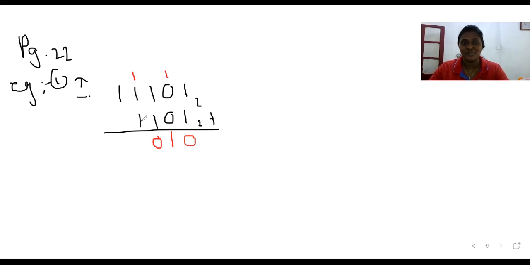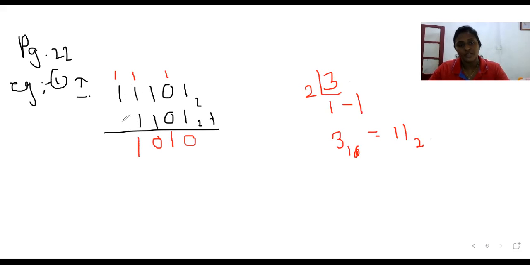Then 1 1 2, that 2 and this 1 makes 3. So we can't put 3. 3 in binary, within 3 there is one multiple of 2. 2 times 1 is 2, remain 1. Decimal 3 equals binary 1 1. So 3 means 1 1. Then we put 1 and another 1 remains. Then 1 plus 1, 2, and 2 means 1 0.